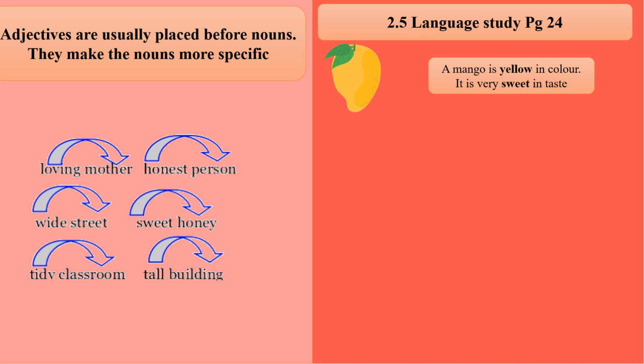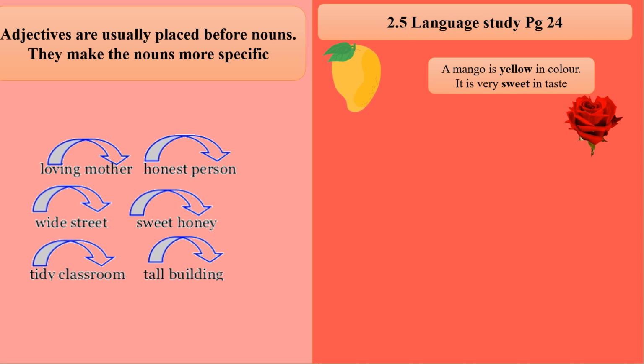It says a mango is yellow in color. It is very sweet in taste. So now if you had paid attention to the earlier part, you will come to know that the teacher had told you an adjective describes color, taste. So what is the color of a mango? Yellow. And the taste is sweet.